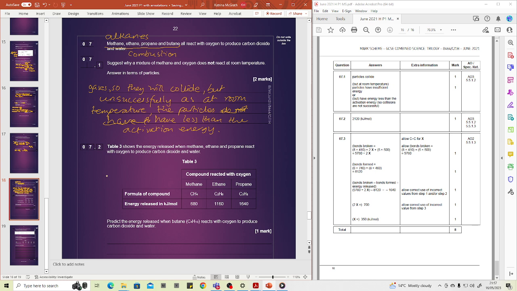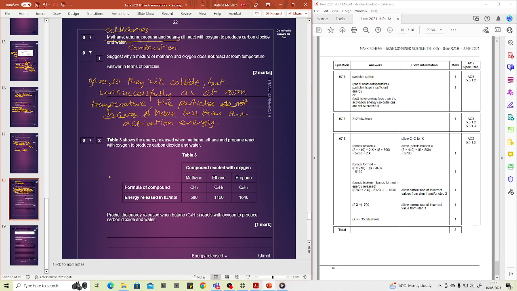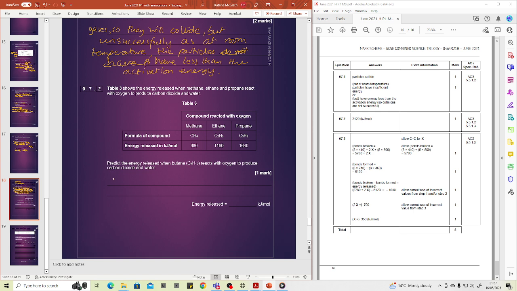Table 3, the energy released when methane, ethane and propane react with oxygen to produce carbon dioxide and water. Predict the energy released when butane reacts with oxygen. So as you know, we've got CH4, C2H6 and C3H8.